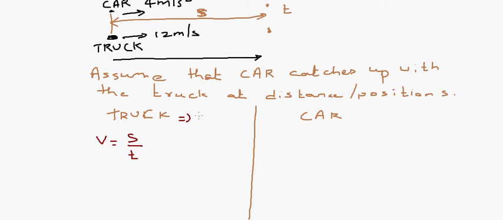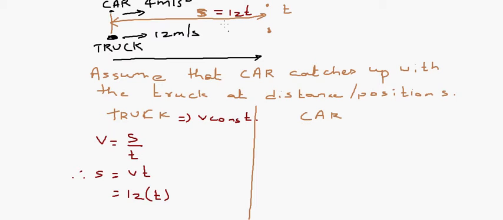So displacement of the truck is going to be velocity times time. What's the velocity of the truck? It's constant, that is 12, and the time taken will be just t. So 12t is the distance. This distance can also be treated as 12t because it's the same for both car and truck.